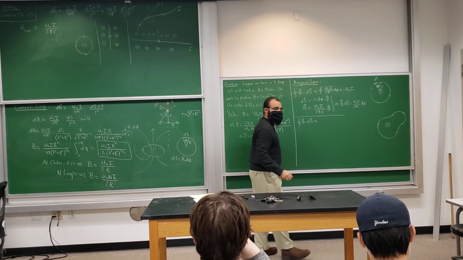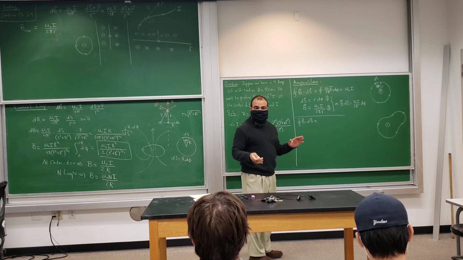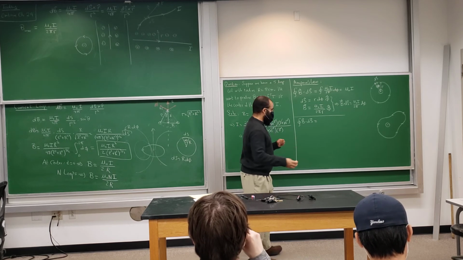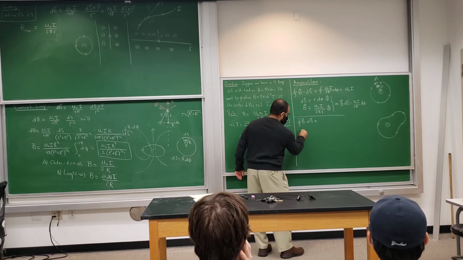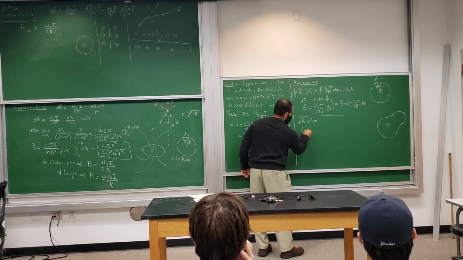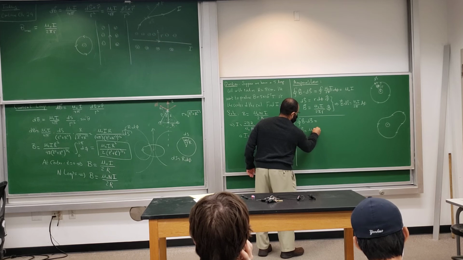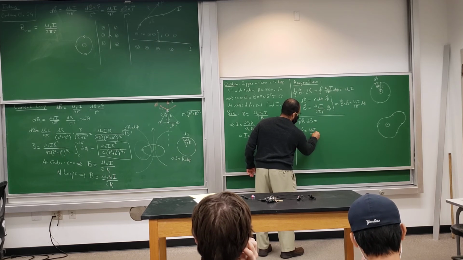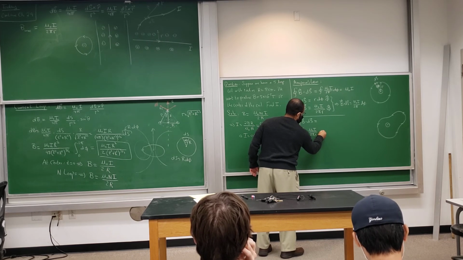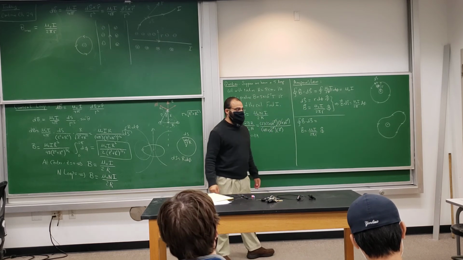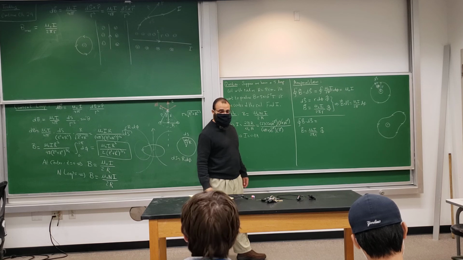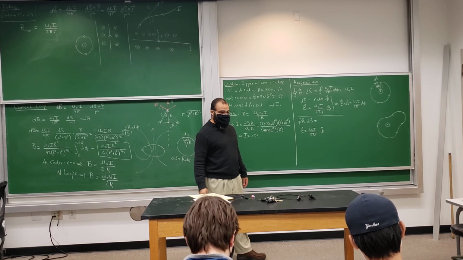First of all, the magnetic field still loops around the loop. The magnetic field is still in the circular direction no matter where you are. So the magnetic field is still mu naught times I over 2 pi r phi hat. That's the magnetic field. Now how about ds?